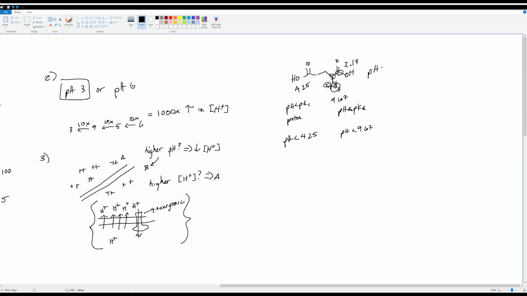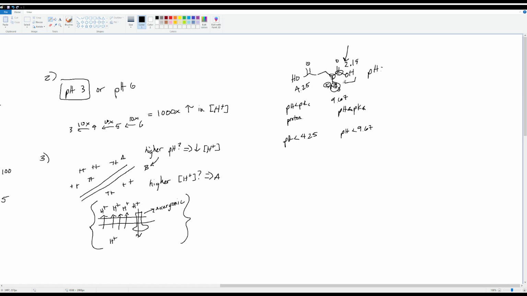Okay, and then finally for our last one, is my carboxyl group protonated or deprotonated? This guy here. We got conflicting answers. So this is protonated. We have our OH.